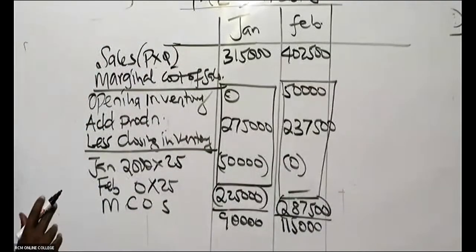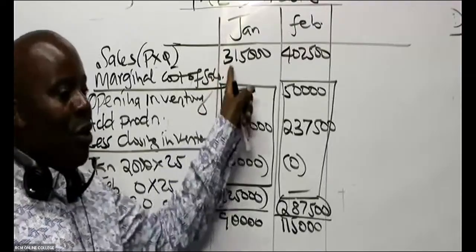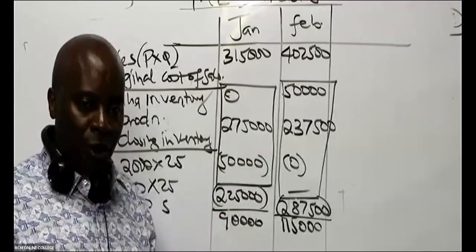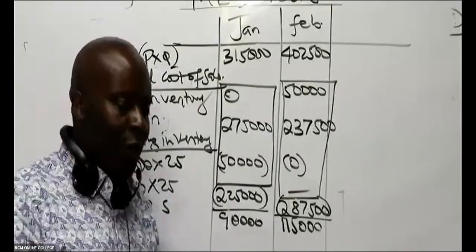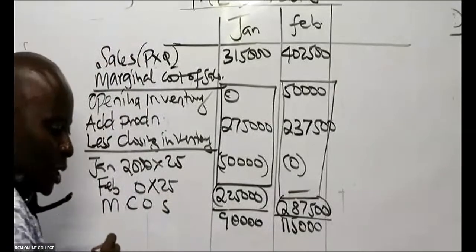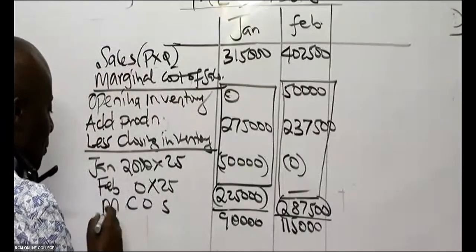So what name do we give to these figures? Remember, in terms of marginal costing, we call them contribution. And because we haven't subtracted the periodic variable cost, we shall call this one gross contribution.